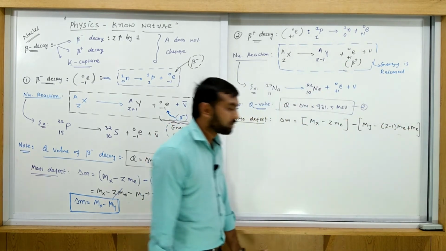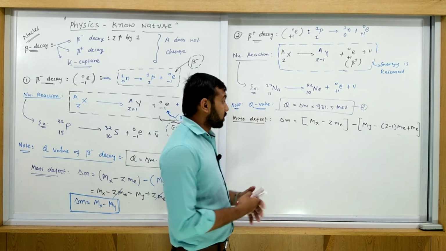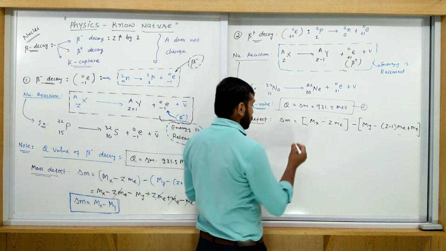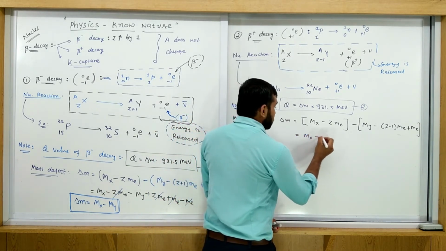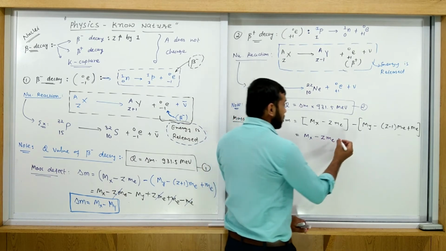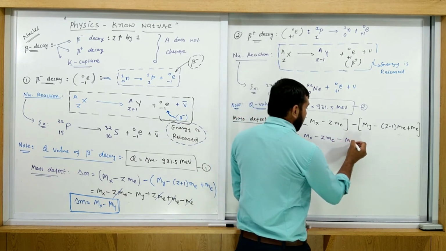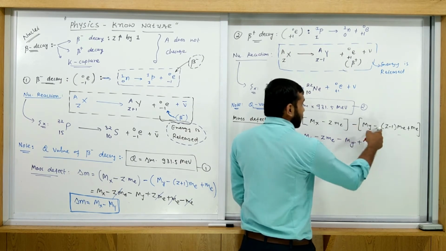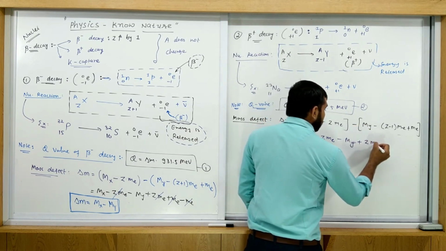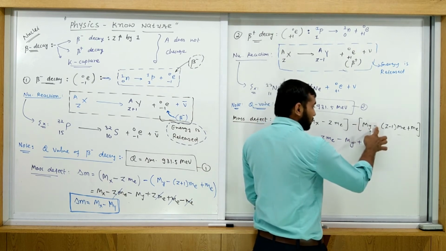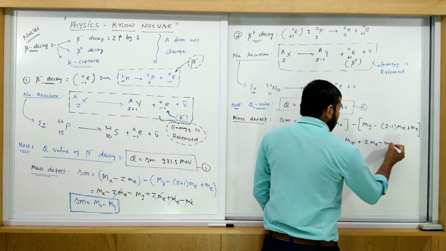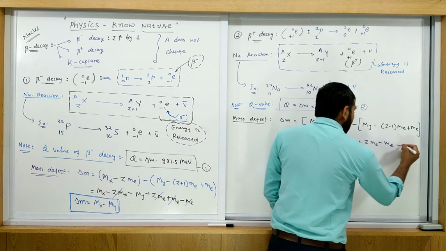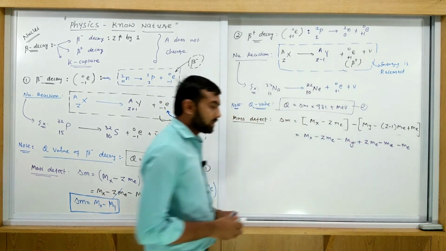This gives us some simplification: mX minus Z me minus mY plus Z me minus me, and minus me, like this.